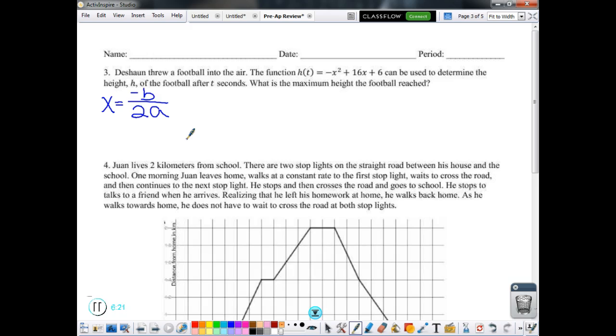Seconds what? Like in the situation, what does the x value of the vertex mean? Think about it. What about the y value? What's the y value of the vertex?